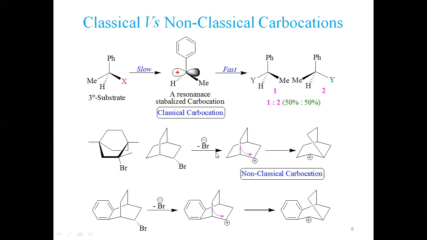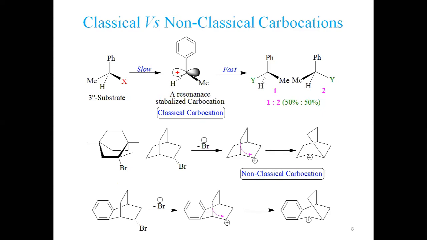So what happens if this bromine leaves from here? What will it generate? It will generate a positive charge, right? We have a hydrogen present here, and if this bromine leaves, it will have a positive charge. Now this positive charge is a secondary carbocation.